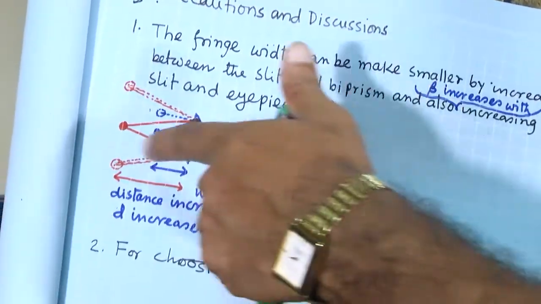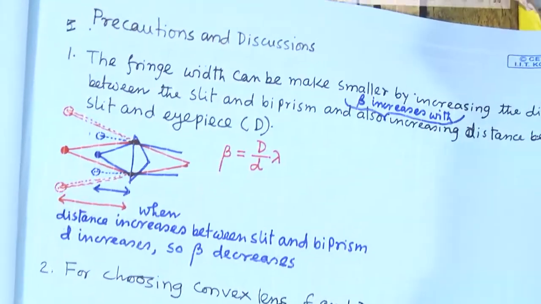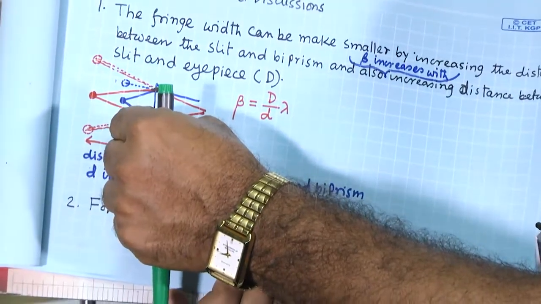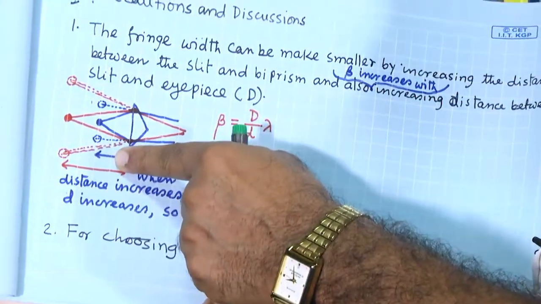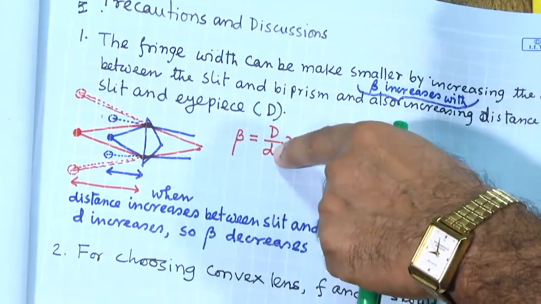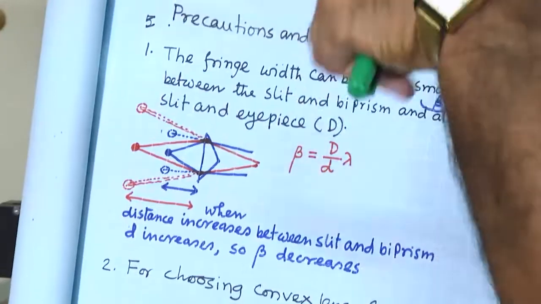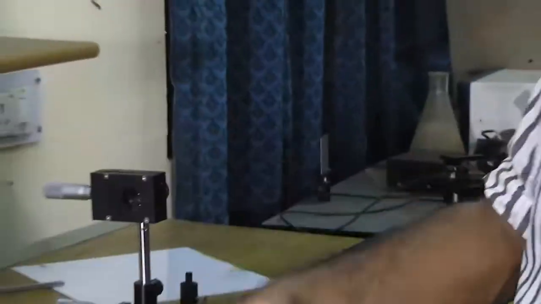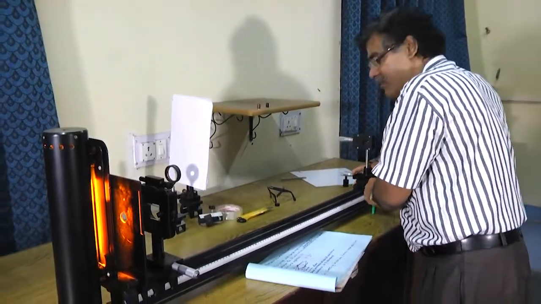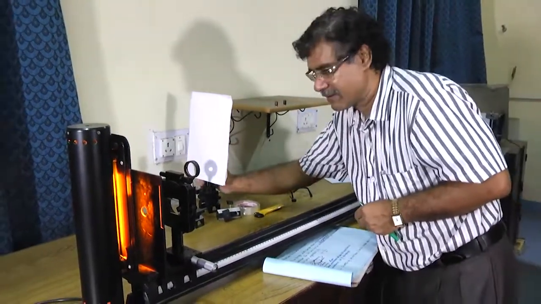Okay, d value, that separation, will increase. If this distance is smaller, then the separation, this d, will be smaller. So let me demonstrate whether this phenomenon we can see on the screen or not. Let me try. I don't know, I have not seen it earlier.